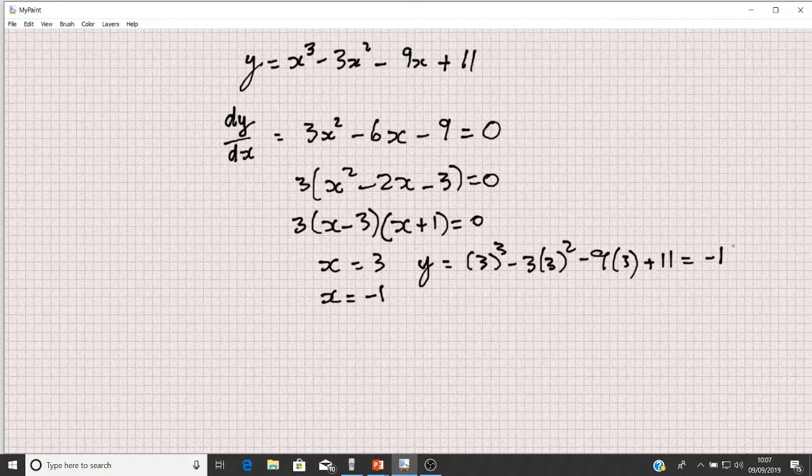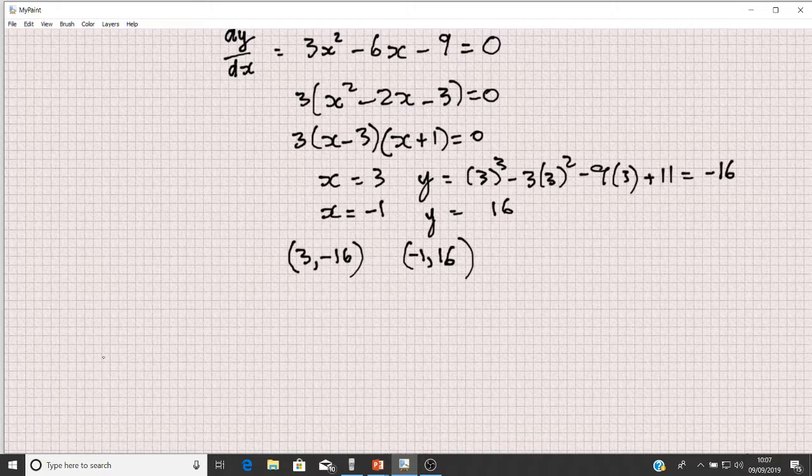You can check that yourself on a calculator. Same for x equals minus 1, you get a positive 16. So the coordinates we're looking at are 3, minus 16, and the second one is minus 1, positive 16.